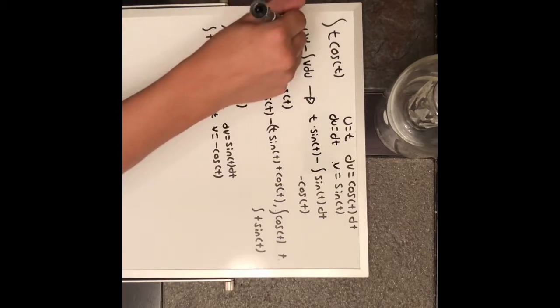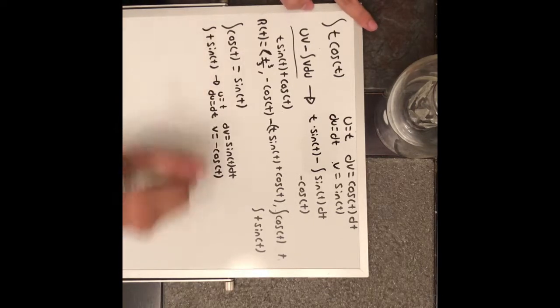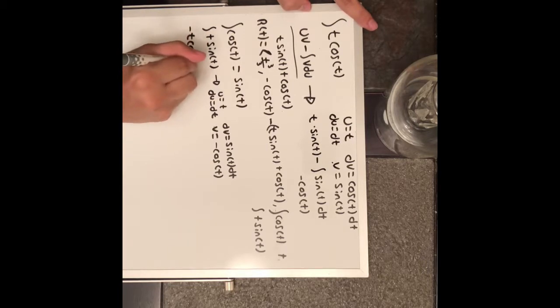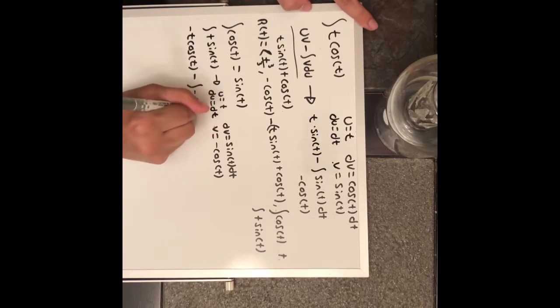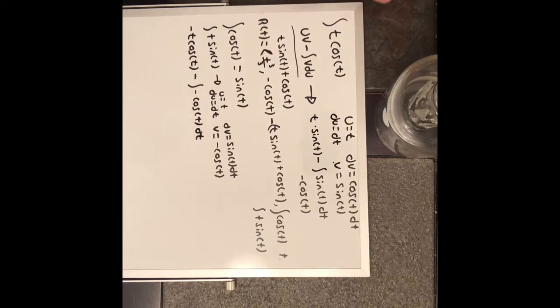Let's use this equation again, and let's plug and chug and solve. So we once again are left with negative t cosine t minus the integral of negative cosine t dt.